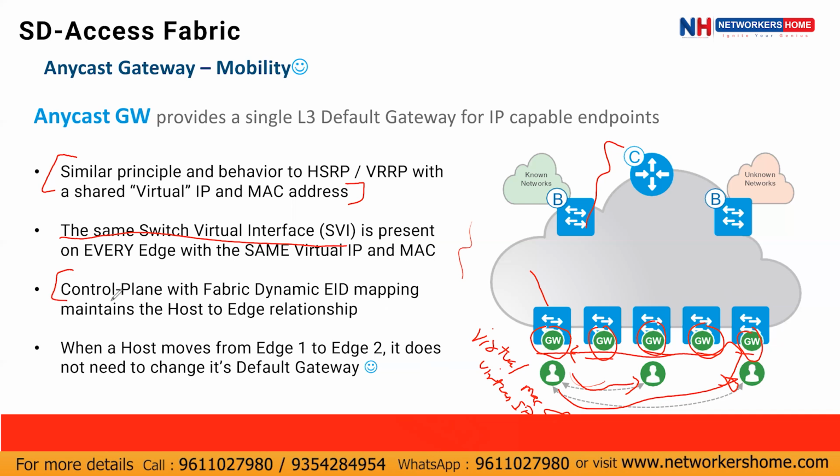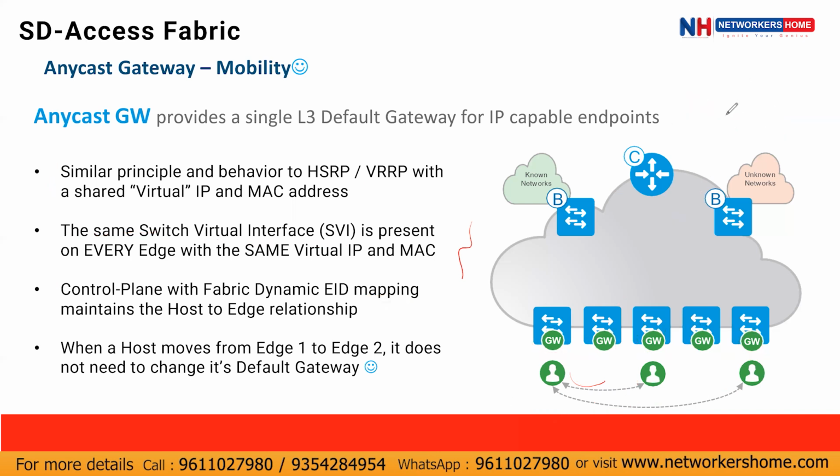And control plane with fabric dynamic EID mapping. EID mapping is nothing but the endpoint ID mapping. We saw that this control plane has an endpoint ID mapping with this specific switch IP. Now let me tell you, this mapping, which is there in the control plane, is known as EID to RLOC mapping.